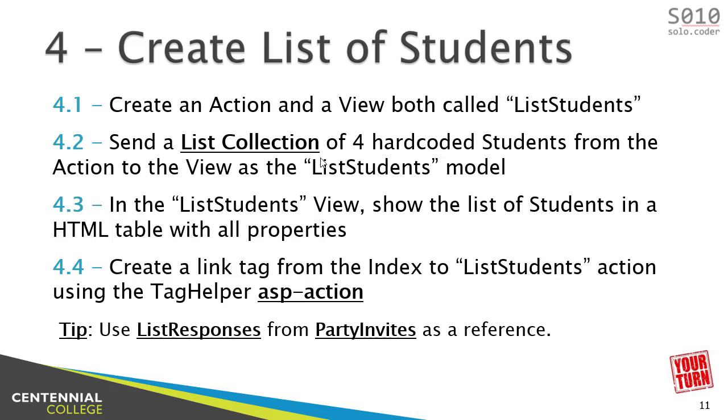You're gonna send the list of 4 students to the list students view so that you can loop through them and print out the information about the students. And last one, you're gonna create a link from the index view pointing to the list of students using the tag helper asp-action. So that's number 4.